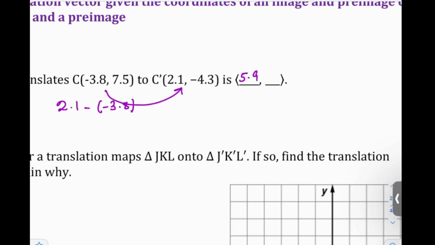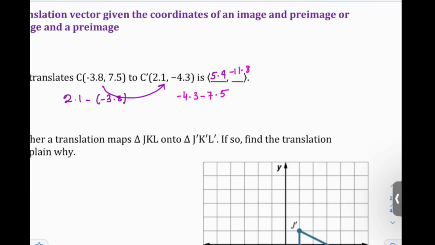And same for the y. Negative 4.3 minus 7.5 is negative 11.8.